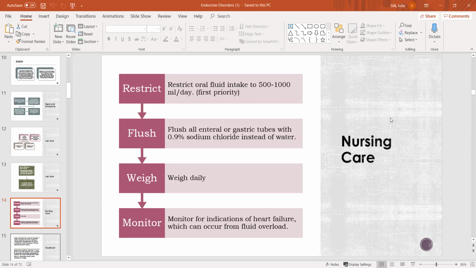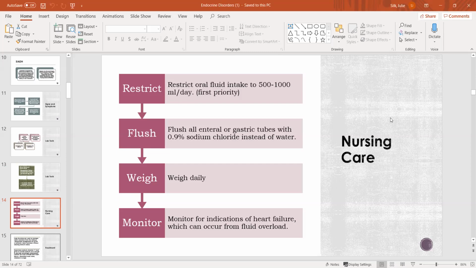Then say you have to flush something, like maybe they have an NG tube or a PEG tube, and you have to flush it every so often. They want you to not flush it with water. They want you to use sodium chloride instead of water because you have too much fluid on board. So you're going to be really particular about what you do.